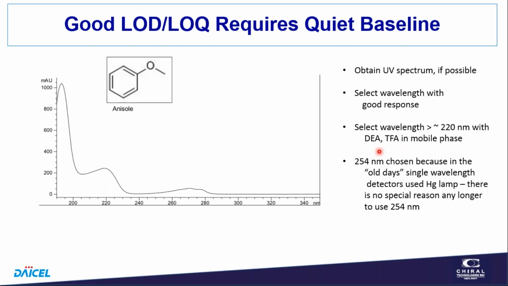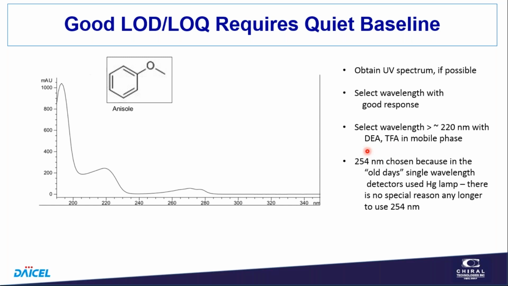If you have things in the mobile phase, such as diethylamine or trifluoroacetic acid, they can cause some disturbance of the baseline, some background response. And I think if you've observed that with TFA in the mobile phase below a wavelength of 220 or something like that, the baseline is a little noisier than it is at longer wavelengths.